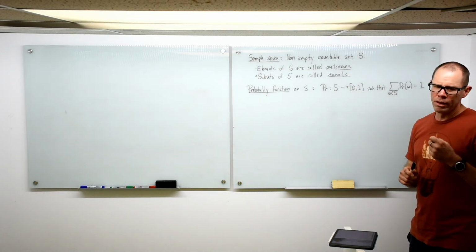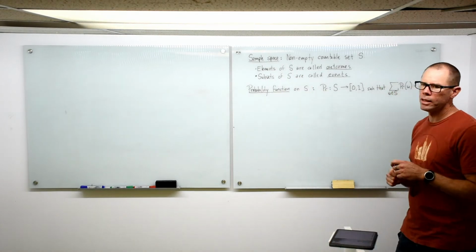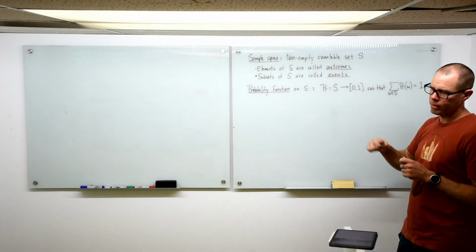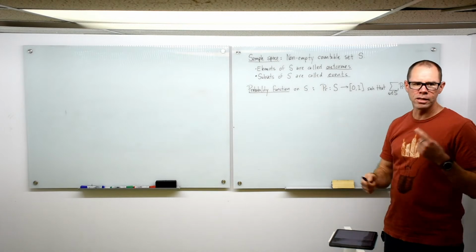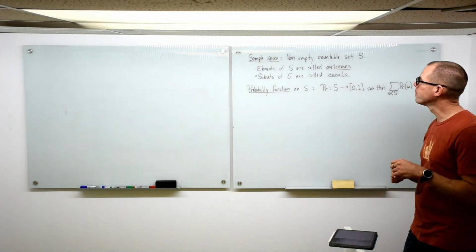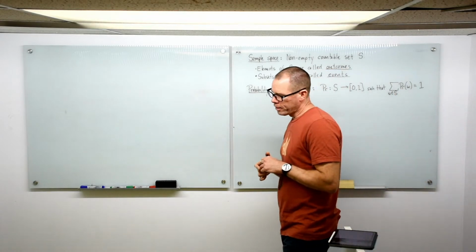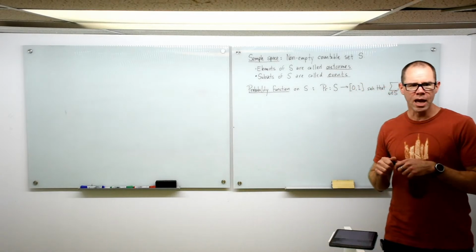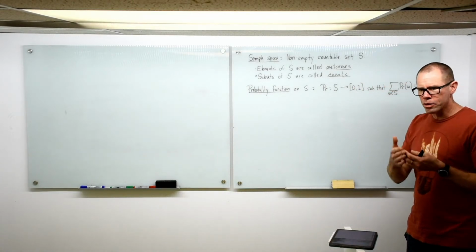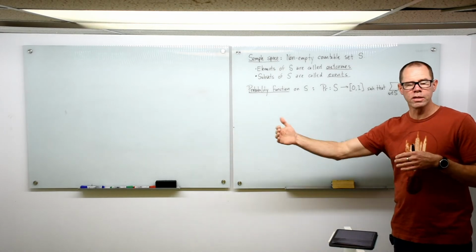There's just a couple of conditions, and the reason you call it a sample space is so you don't have to constantly say non-empty countable set. Okay? So it's a set that should be non-empty, meaning it has to have at least one element in it, and countable, meaning that informally you can list out the elements of the set like x1, x2, x3, x4, x5, and so on as the elements of the set.